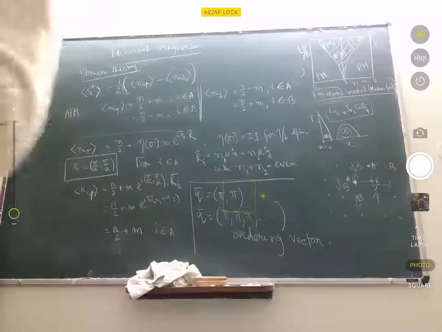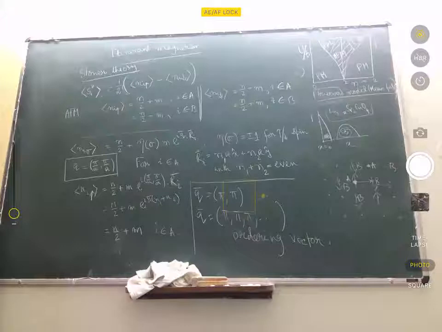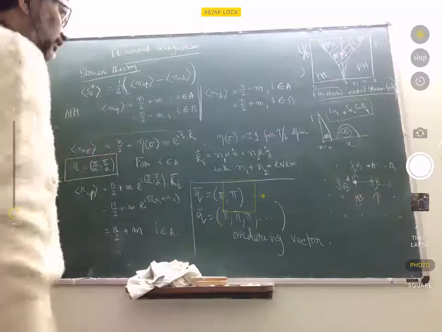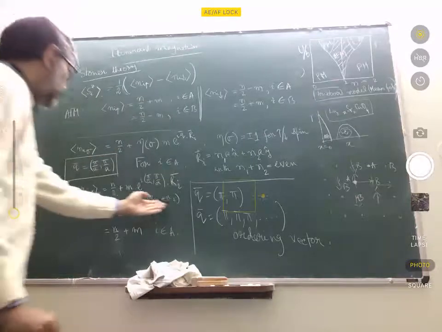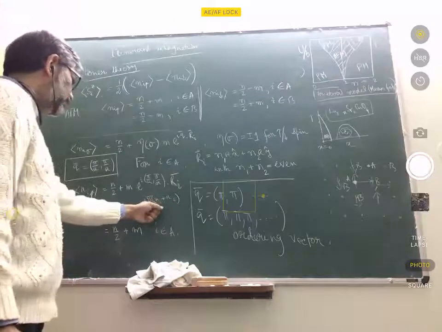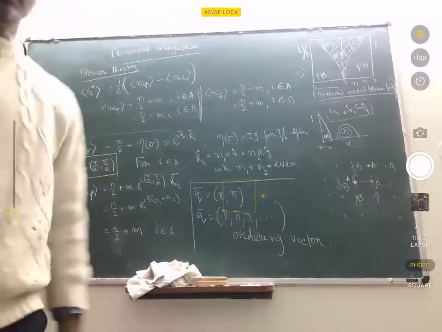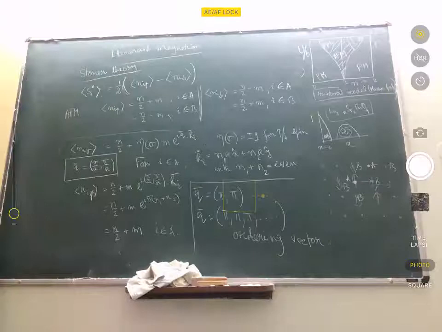So (pi, pi) is the antiferromagnetic order on a 2D square lattice. (pi, pi, pi) would be one type of antiferromagnetic order on a 3D cubic lattice. And if you take Q equal to (0, 0), you'll get the same thing for all lattice sites, because you'll just get e to the 0, so everything will be the same. So you get a ferromagnetic order. The ferromagnetic ordering vector is (0, 0) or (0, 0, 0), whatever.